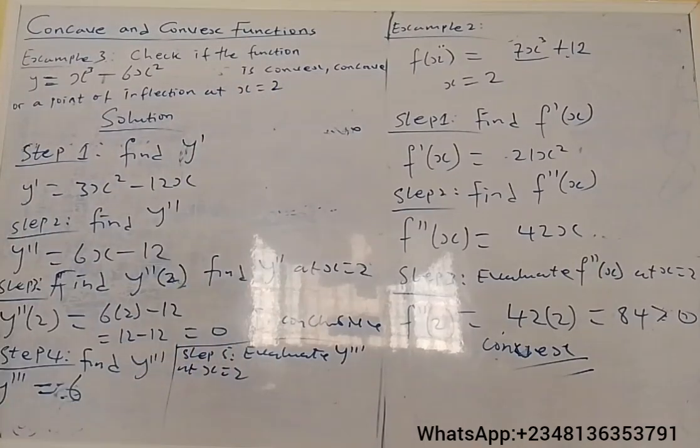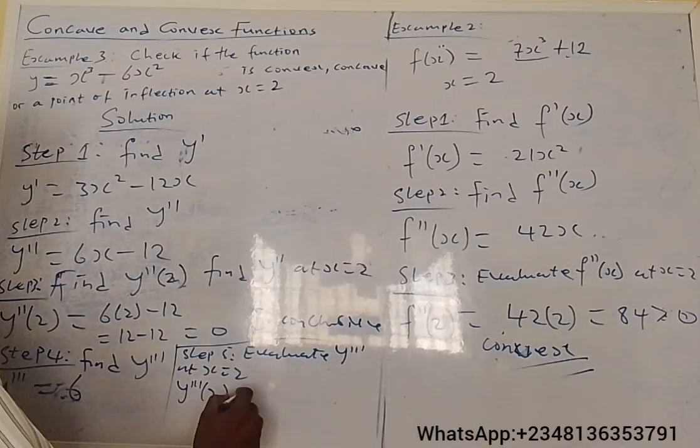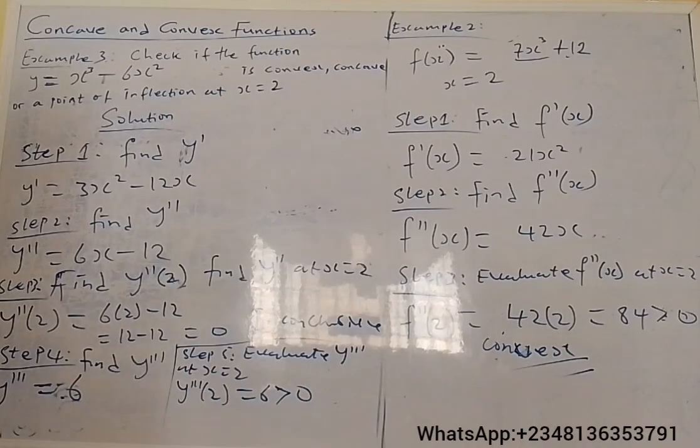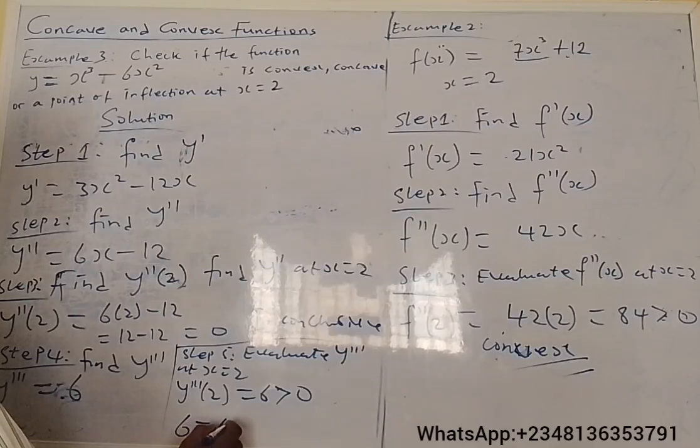So we have y prime prime prime of 2 is equal to 6, which is greater than 0, and also an even number. So why do we do this? Don't forget 6 is the same as 6x raised to power 0.